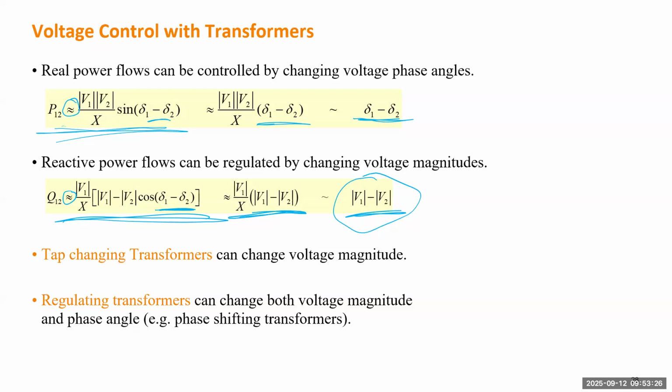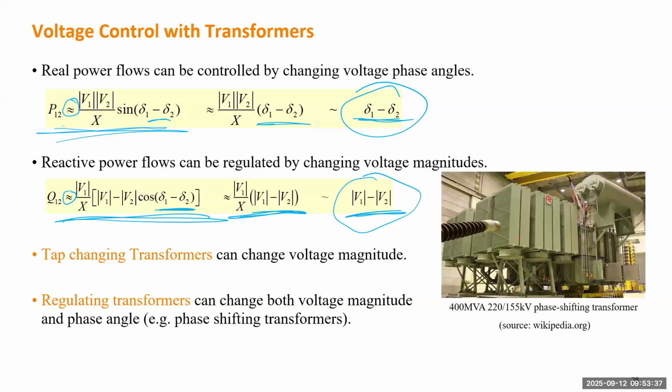A regulating transformer can either influence the voltage difference or change the angle difference to control both active and reactive power. So this is one picture of a transmission level phase shifting transformer for 3 phases.